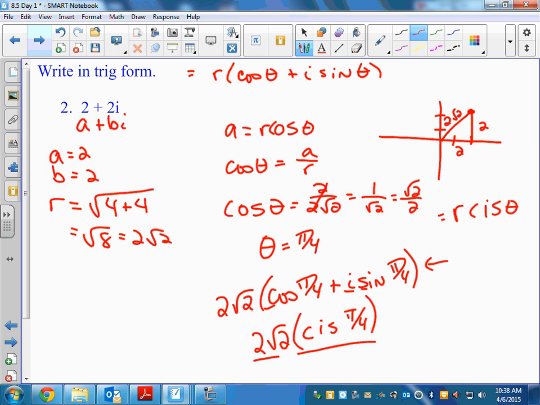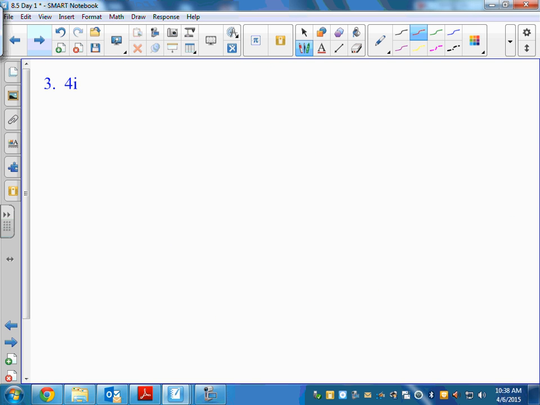What if they only gave you one thing like this? Can you tell me what a and b are in this? Yeah. This is like the same as 0 plus 4i. So if you graph that, where would it be?